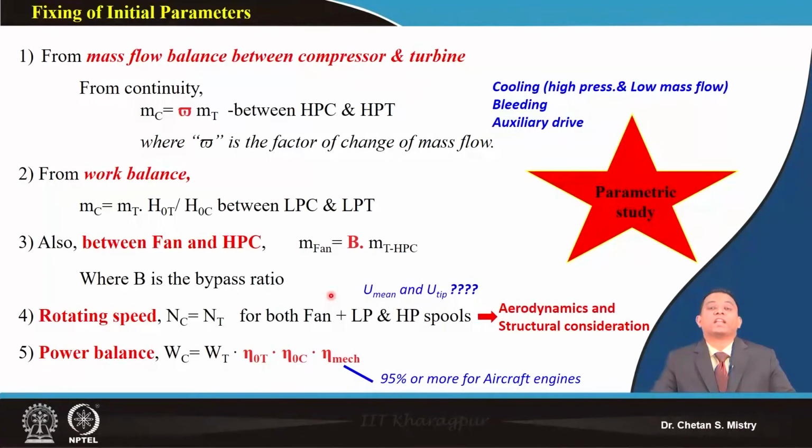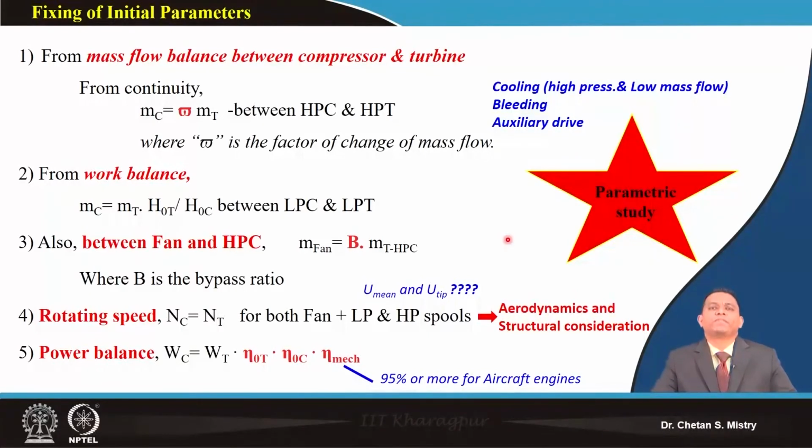Based on that cycle analysis, we calculate what we are looking for at the end, in terms of thrust as well as specific fuel consumption. When the thrust and specific fuel consumption are not meeting the requirement, then we need to go with a systematic parametric study. As we have discussed, all these parameters of gas turbine engines are initially designed based on cycle analysis.